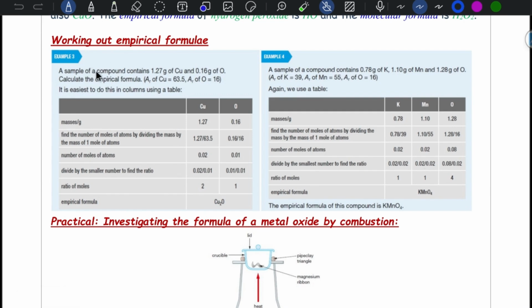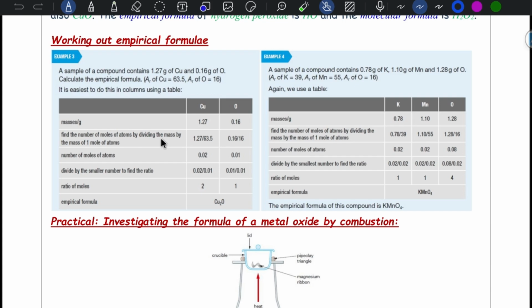First example: a sample of a compound contains 1.27 gram of copper and 0.16 gram of oxygen. Calculate the empirical formula, with Ar of copper and oxygen given. The easiest way is to do this in columns using a table. Just write copper and oxygen, with the mass provided, 1.27 and 0.16 for oxygen.